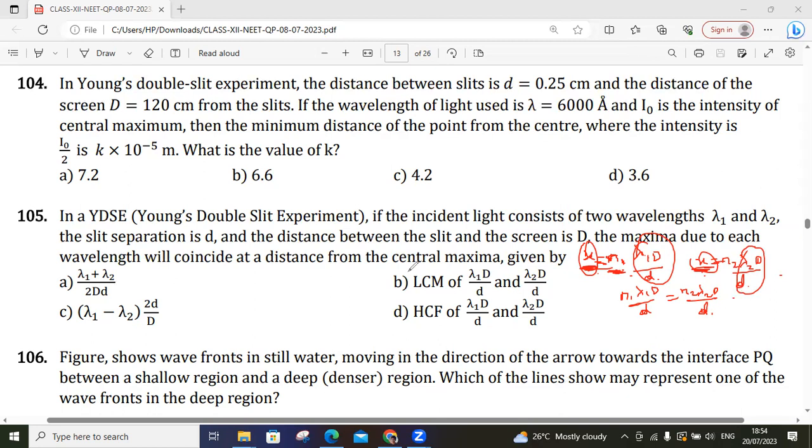So they have asked where it will coincide. They have given LCM, HCF. So if you see, it is the least common multiple. So it is a multiple of lambda 1 D by d also, and it is a multiple of lambda 2 D by d also. So it is LCM. So it is option B. Then we have 106.